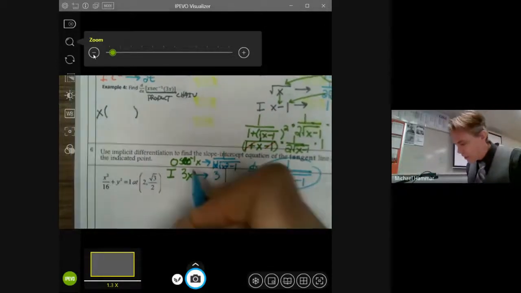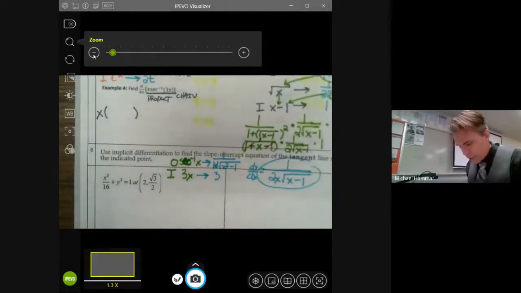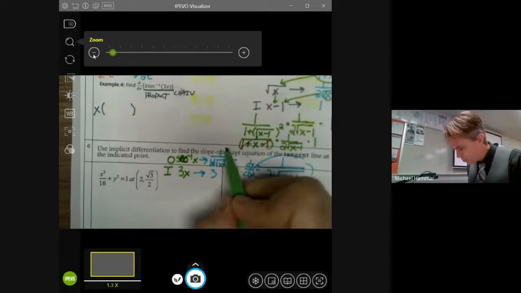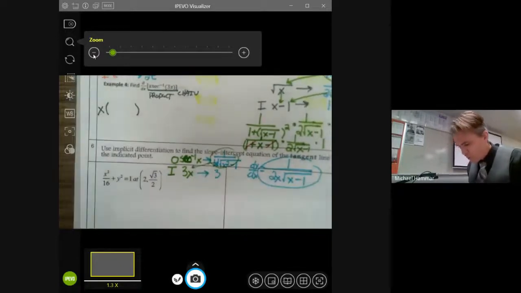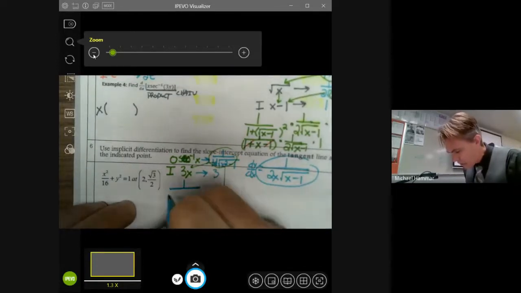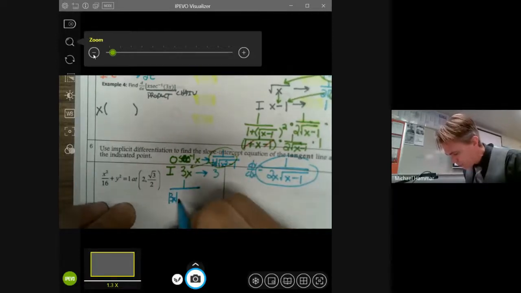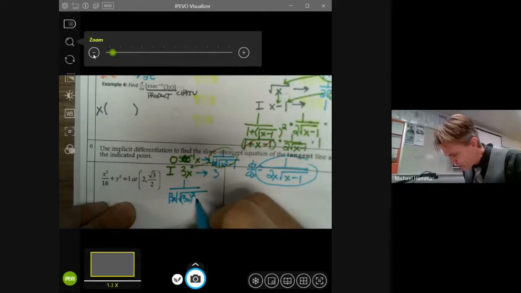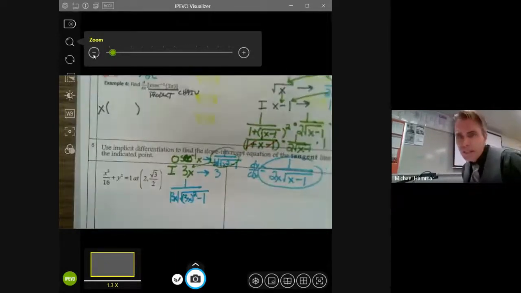So let's put this all together. We start with this one, and then we just move down our chain. So what we're going to do is go 1 over, and any place I see an x, I have to put a 3x in. So it looks like that.